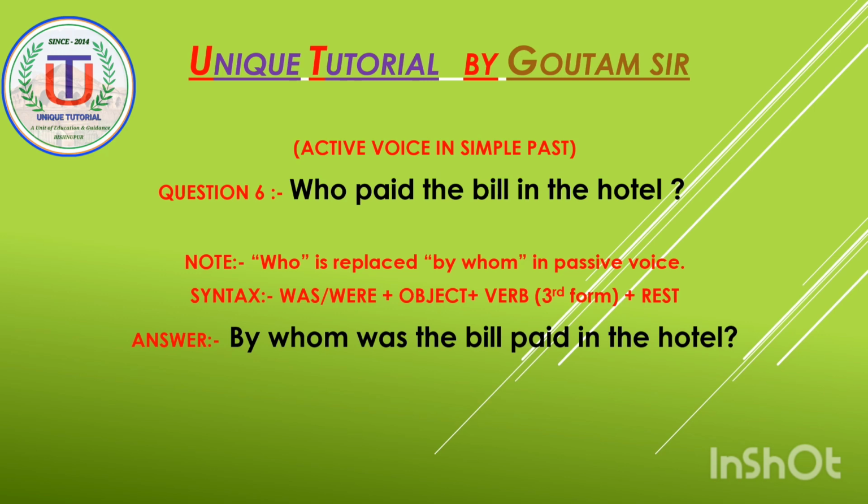So after placing by whom, I have to place an auxiliary verb, that is was, as the bill is singular, that's why I am using was. Then the object, the bill, the verb in third form, paid, in the hotel. By whom was the bill paid in the hotel?